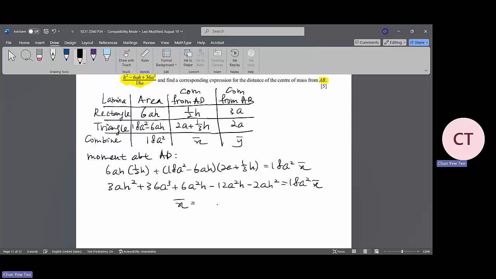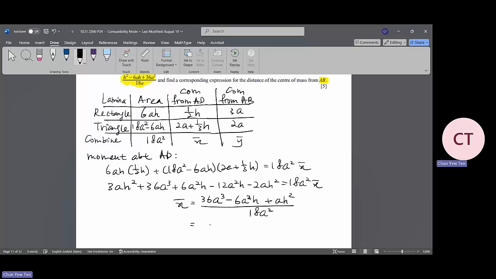So your bar x will be equal to the 36a cubed minus the 6a squared h and then plus the ah squared, divided by the 18a squared.